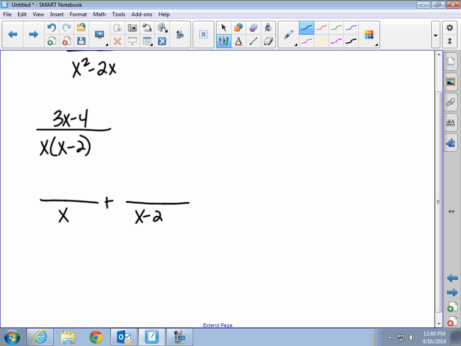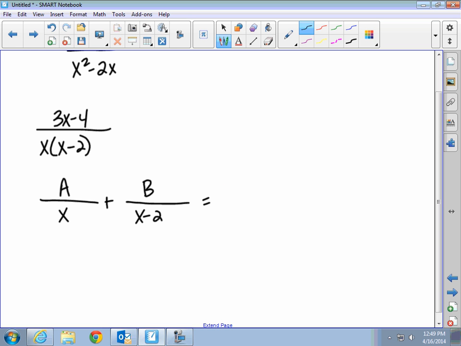Are both of those denominators linear? The exponent on this x is a 1, and the exponent on this x is a 1, so they're linear. What goes above them? Constants. So we're going to put an a up here and a b up here.